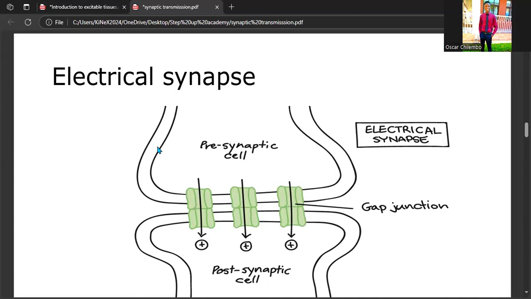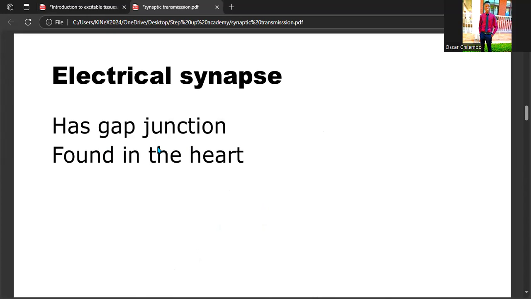So the presynaptic cell is directly connected to the postsynaptic cell via the gap junctions. It is usually found in the heart.